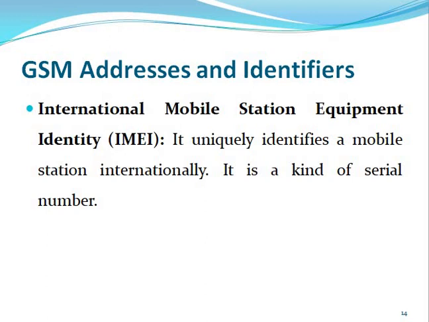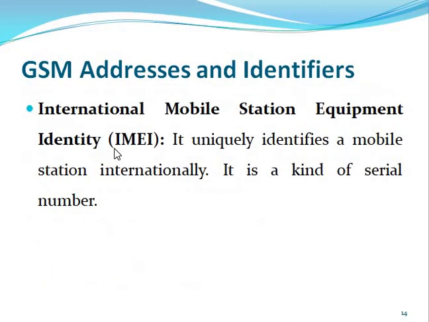Each and every mobile has a unique identity number, which serves as the address for your mobile. This is the identity of your mobile station. And this is one unique serial number for each mobile station equipment.